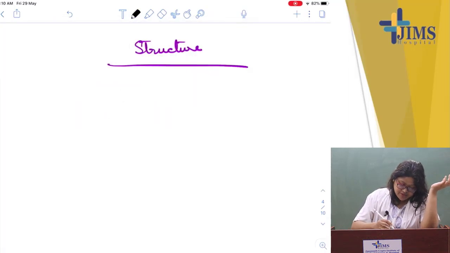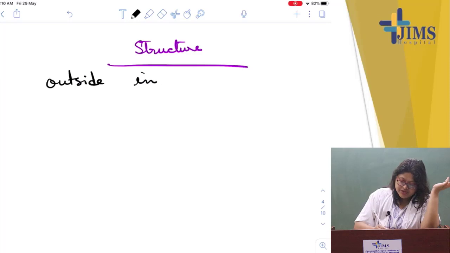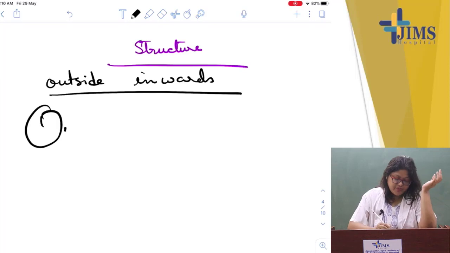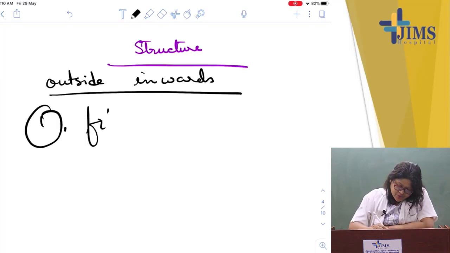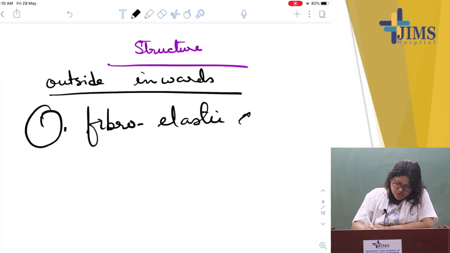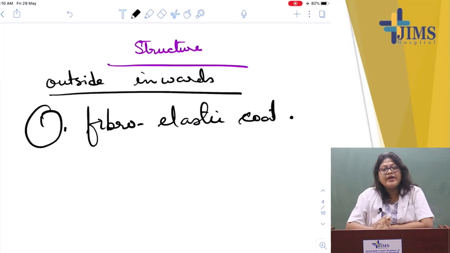So structure from outside inwards. First of all, we have a fibroelastic coat, which is surrounded by a plexus of veins.